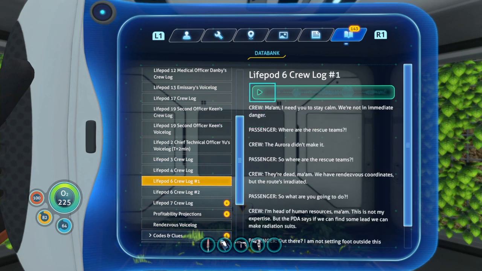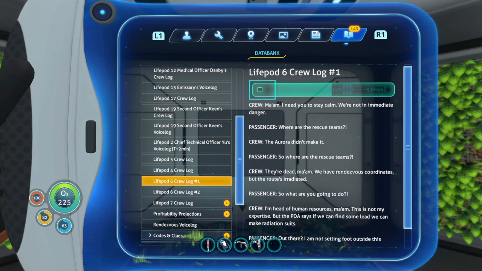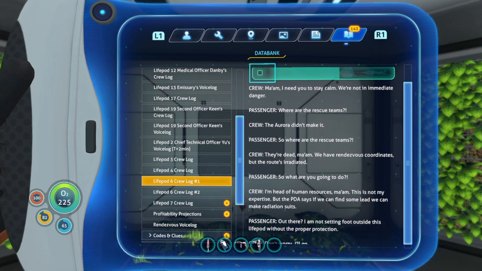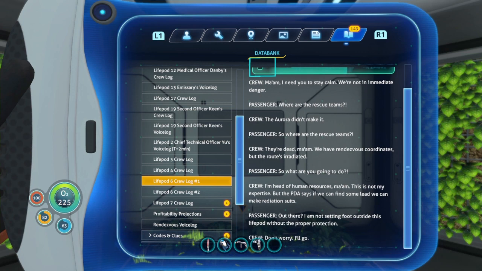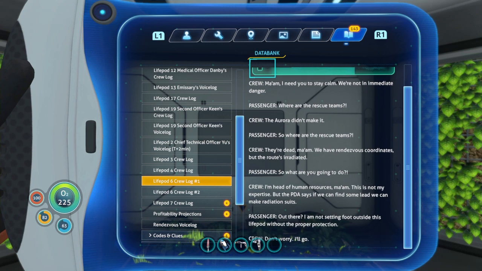Life Pod 6 crew log 1. Ma'am, I need you to stay calm. We're not in immediate danger. Where are the rescue teams? The Aurora didn't make it. So, where are the rescue teams? They're dead, ma'am. We have rendezvous coordinates, but the routes are radiated. So, what are you going to do? I'm head of human resources, ma'am. This is not my expertise. But the PDA says if we can find some lead, we can make radiation suits.